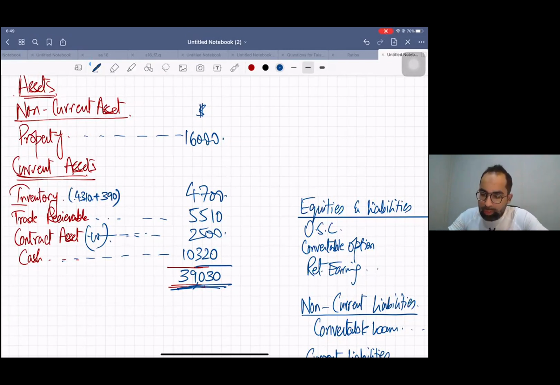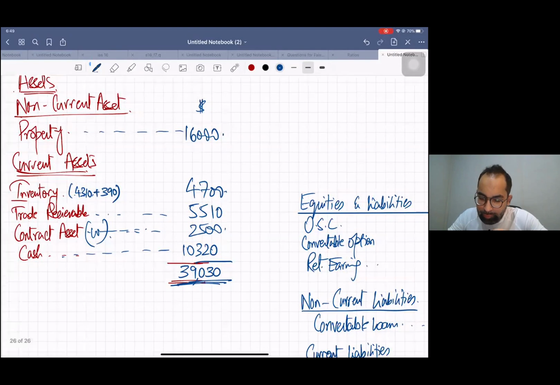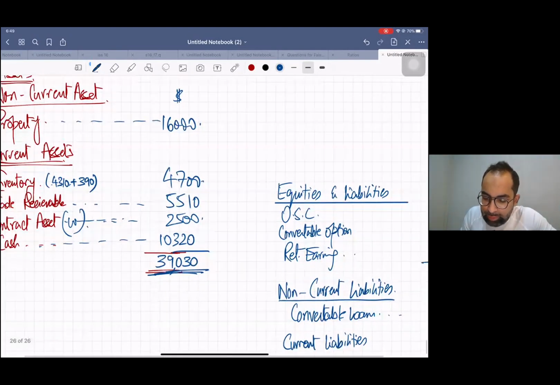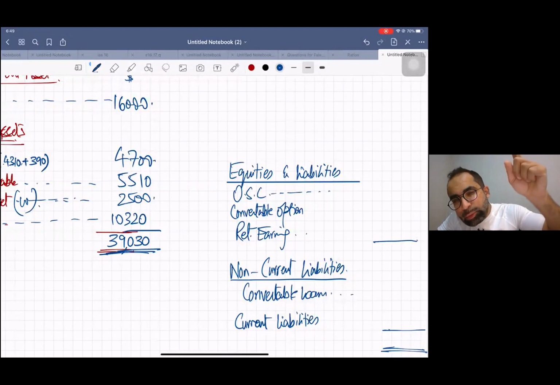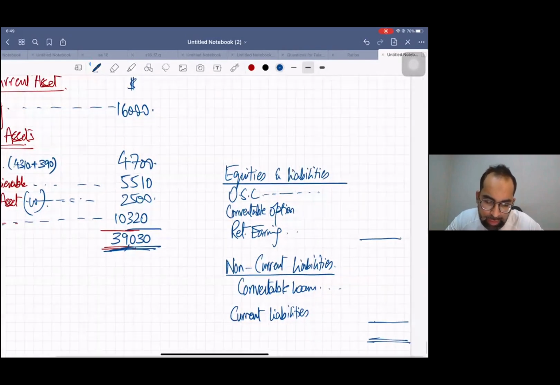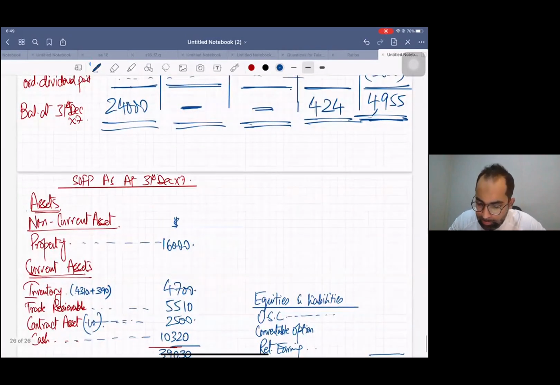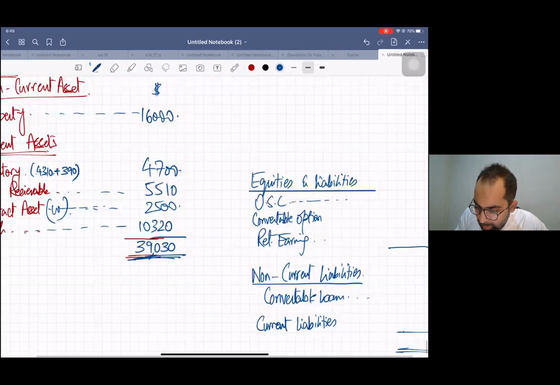Okay, now come to the equity and liability sides. The first section is the equity section. No need to work hard for the equity side. Just copy and paste the closing balances. So 24,000 is the share capital.